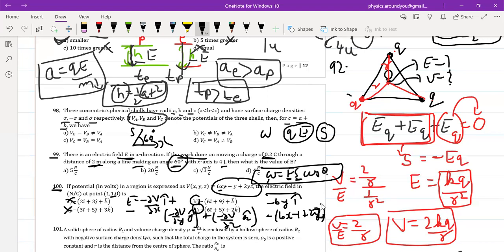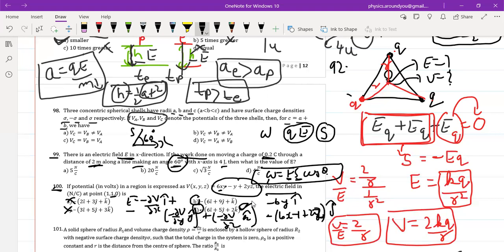Now put z as 0, so this is gone. x is 1, so I get 6 minus 1, that is 5. So there should be a 5 in the j cap direction. Between B and D, 5 is there only in D, so D should be right.